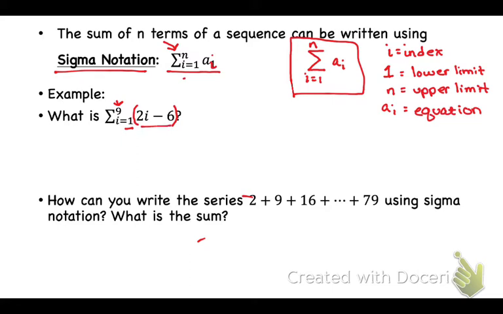So the sum of i equals 1 to 9 of 2i minus 6 equals. So it's going to be 2 times 1 minus 6 plus 2 times what? 9. Nope. What comes after 1? 2.